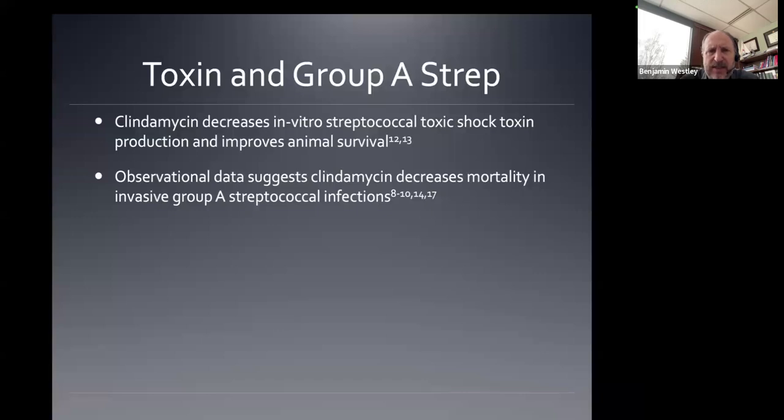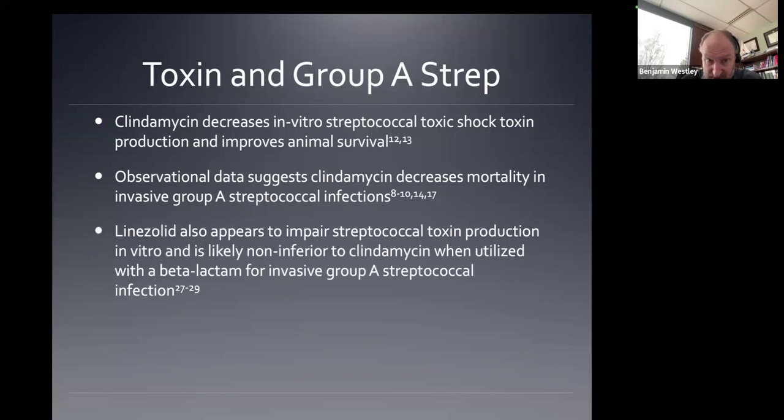And we think the same thing occurs clinically because multiple observational studies suggest clindamycin decreases mortality in invasive group A streptococcal infections. So for patients with known group A streptococcus or strong suspicion for it with unstable vital signs, we would like to add a protein synthesis inhibitor. The good news is that linezolid also appears to do this.